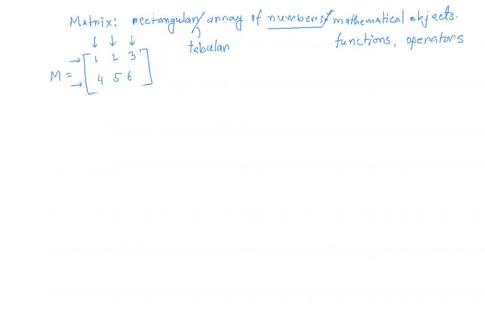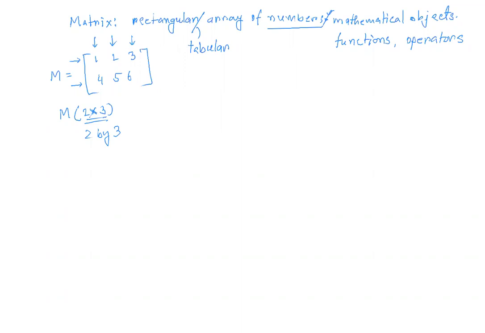So typically we'll denote a matrix this way: M, open parenthesis, 2 by 3. It's read 2 by 3. Don't multiply it. 2 times 3 is 6, but it's written M 2 by 3. That tells you we are dealing with a matrix of size 2 by 3.